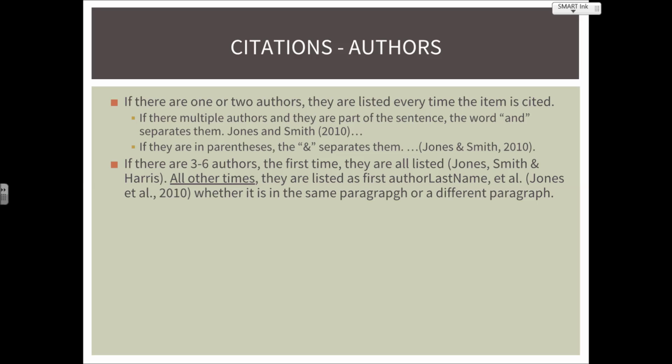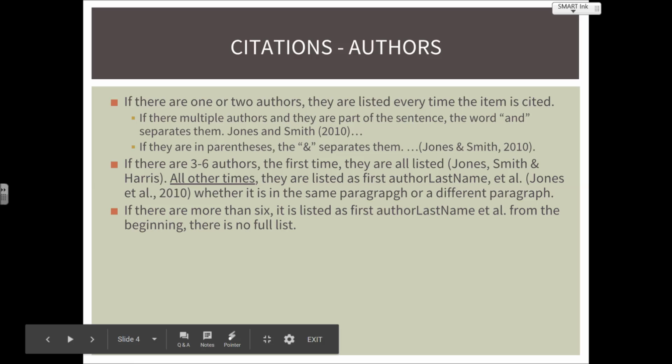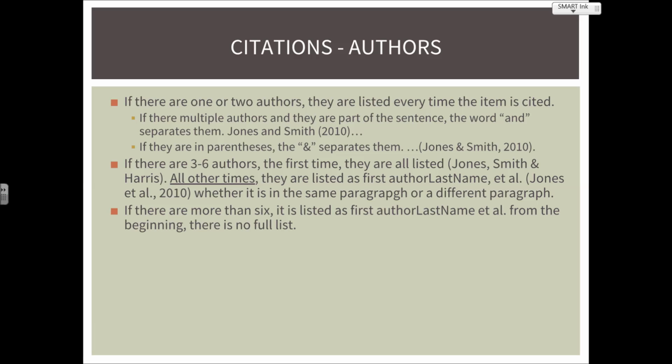Now, this is 3 authors through 6 authors. If you go beyond 6, right from the get-go, it's first author et al. every time. On your reference page, always you'll list all of them. But in the paper itself, when you're doing your citations, that's where these rules kick in.